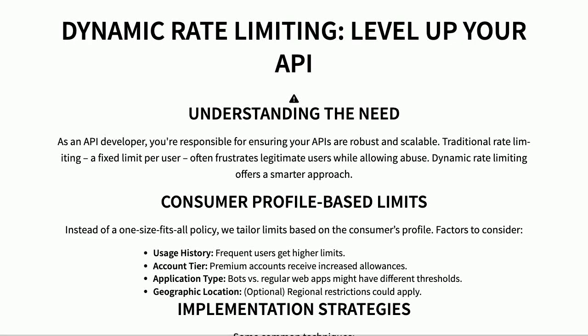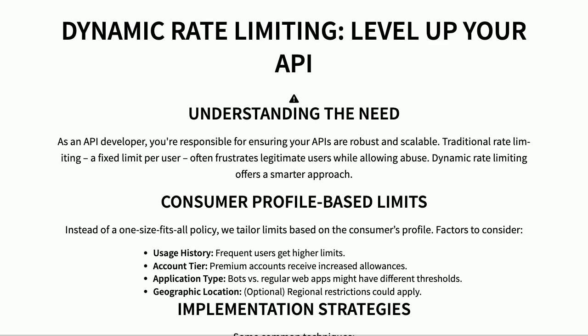Okay, let's talk about a key strategy for building robust APIs: dynamic rate limiting. Instead of applying a simple, fixed limit to everyone, we want to tailor those limits based on who's using our API. Think about it: a casual user shouldn't be throttled the same way as a power user or someone on a premium plan.